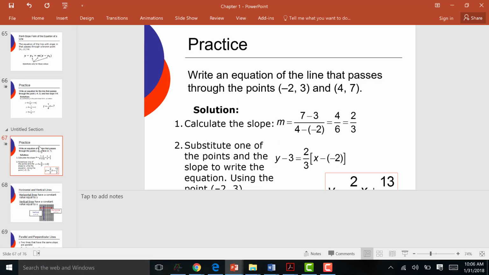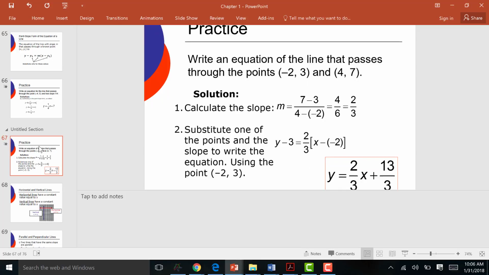Here we go. So now, this one is type 1. I'm saying type 1 because in the homework they're going to give you different things. Type 1, you are given a point and a slope.